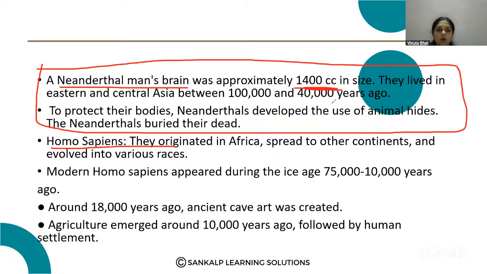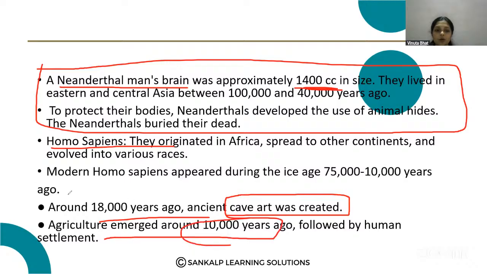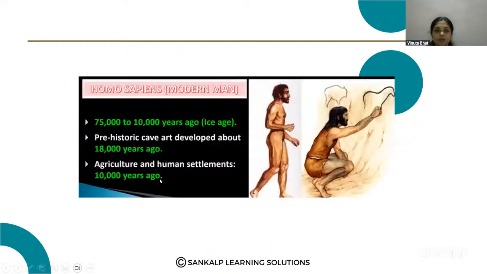And Homo sapiens, that is very important. They appeared 75,000 to 10,000 years ago. And 18,000 years ago, ancient cave art was created. Agriculture emerged around 10,000 years ago, along with human settlement. So these are some features we can observe here.